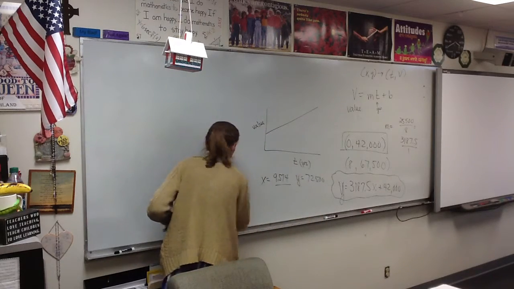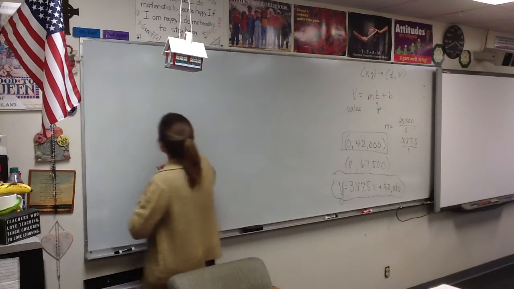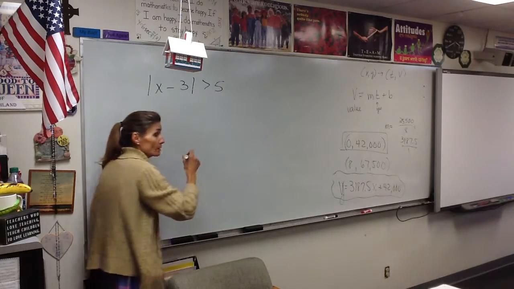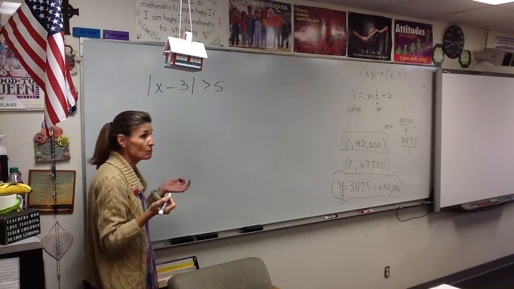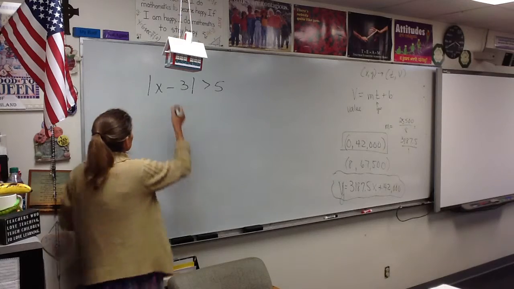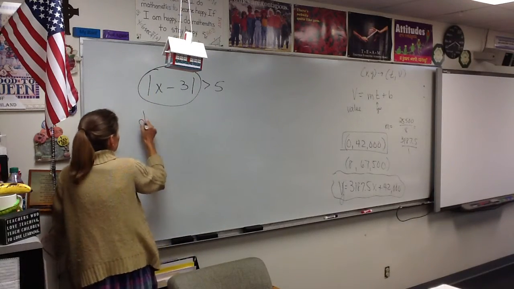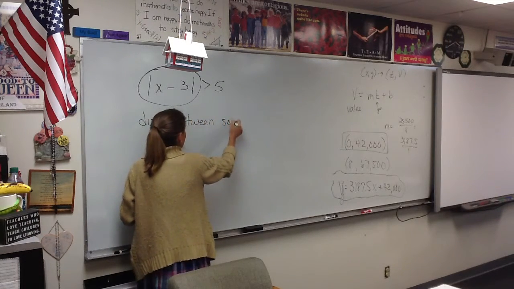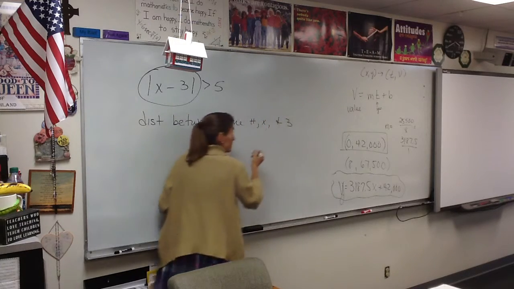Now, I do want to emphasize, I am going to expect you to be able to solve this equation. But I don't care how you do it, as long as you're not cheating. When I solve this equation, I'm going to look at this right here and think, well, that is the distance between some number, we'll call it x, and 3.